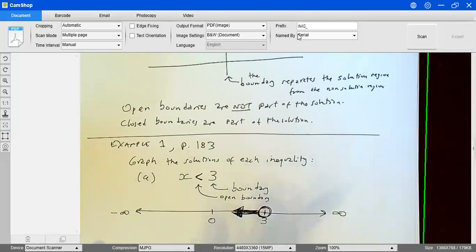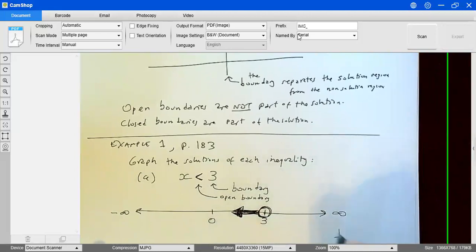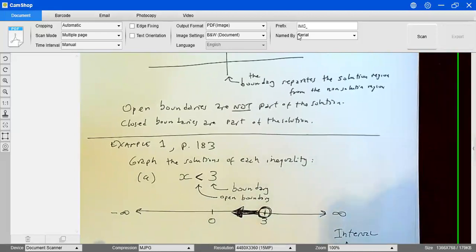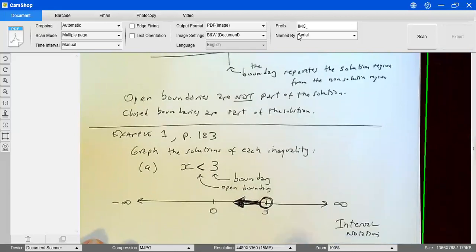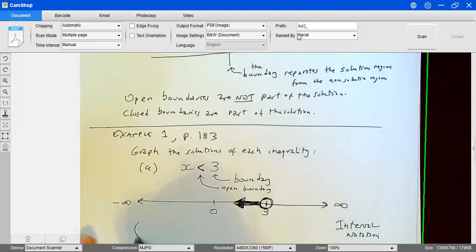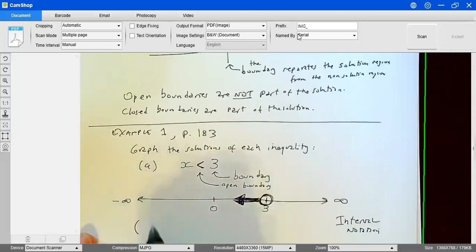Another thing that we're going to do now, with this example, is use also the interval notation. The interval notation is important. That's another way to express the solution of inequalities. The interval notation starts with writing a parenthesis or a square bracket, depending on whether you have an open boundary or a closed boundary. You're going to use parentheses for open boundaries. The solution region goes from this number 3 to the left. We're going to always use a parenthesis for negative infinity.